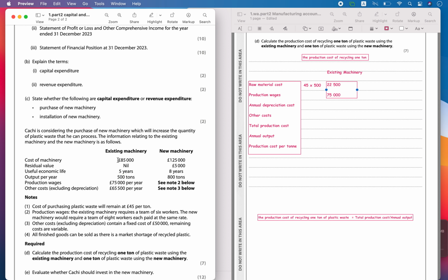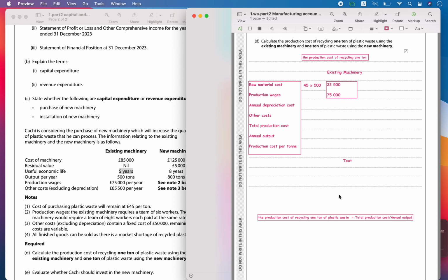Then depreciation. How do you calculate depreciation for this? The machinery cost is 85,000, there is no residual value, and the useful economic life is 5 years. The depreciation formula is cost minus any residual value, divided by useful economic life.